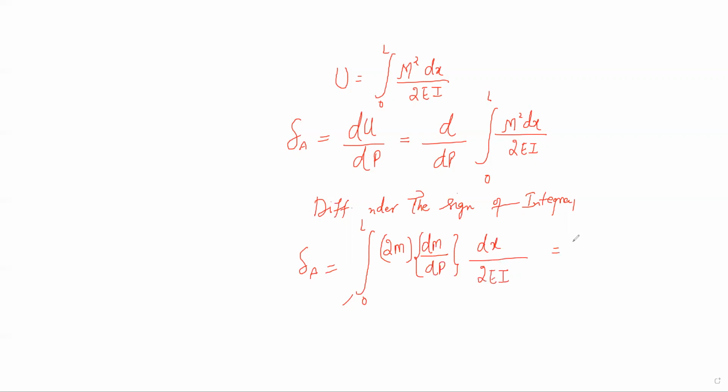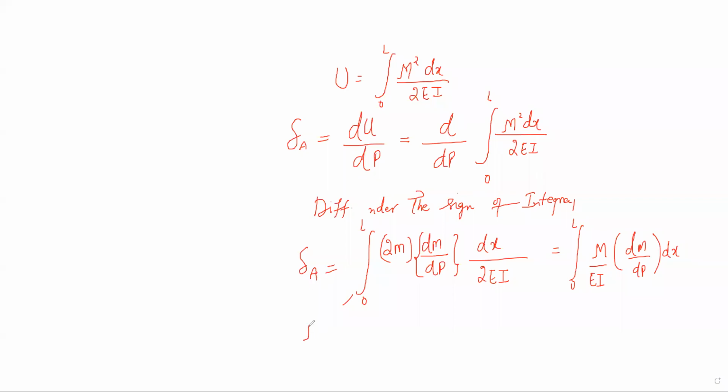So that comes out equal to the integral from 0 to L of M, dM by dP, dx by EI. So this is also an expression used to calculate the deflection at point A.